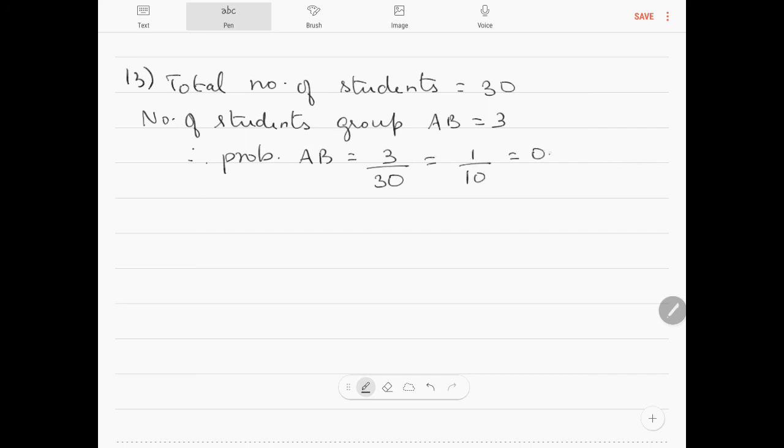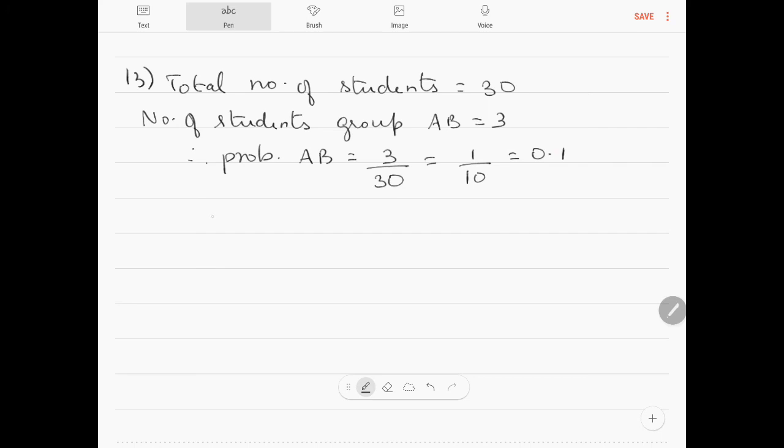The number of students having blood group AB is 3. Therefore, the probability of a student selected at random having blood group AB will be 3 divided by the whole class, which is equal to 1 by 10, which is equal to 0.1.